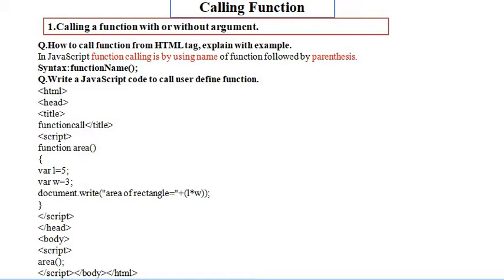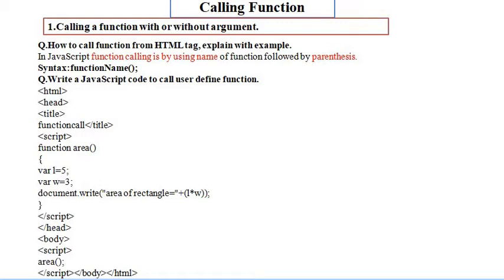Question: write a JavaScript code to call a user-defined function. First of all, calling a function means using the defined function. A function can be called from any section of code. You can call a function with or without argument.